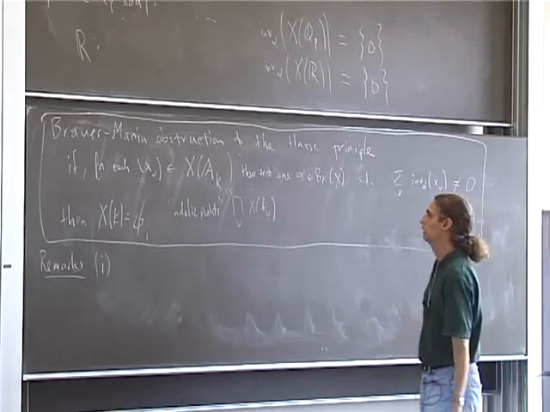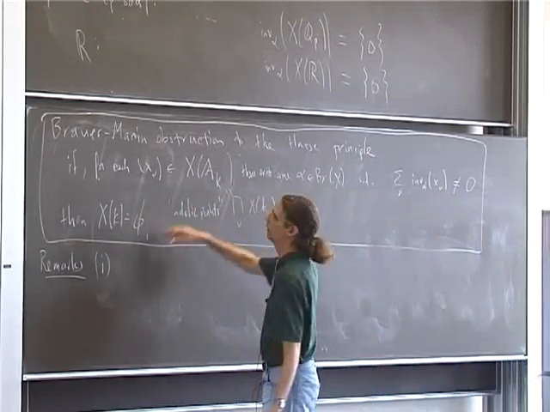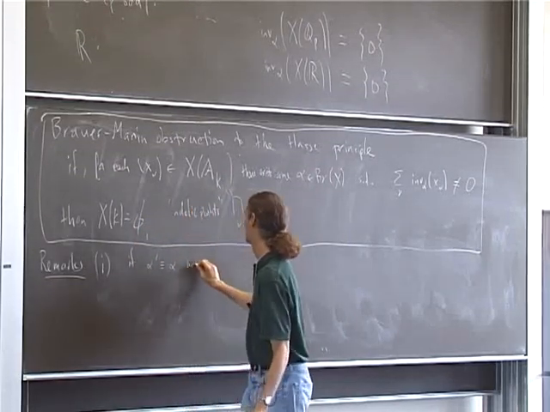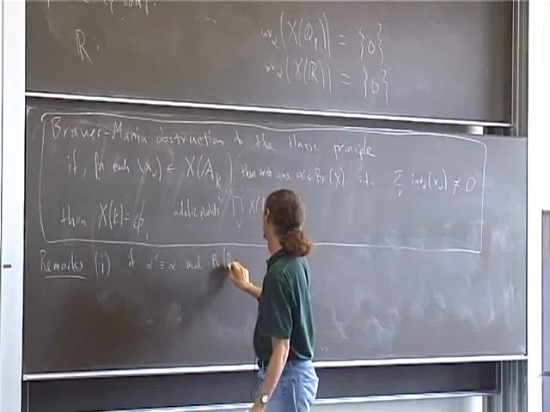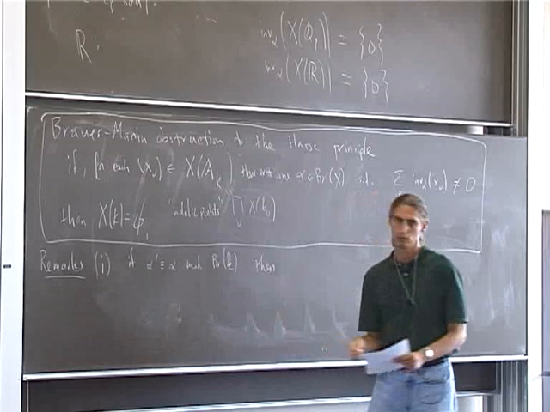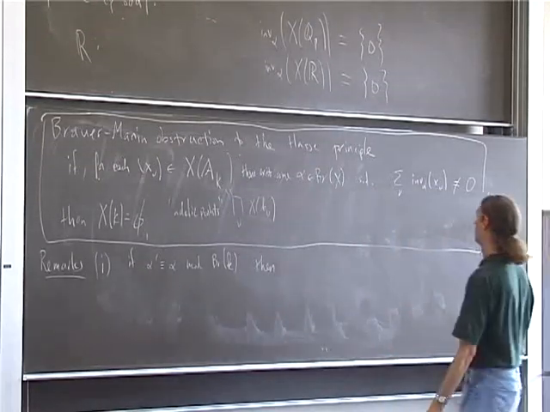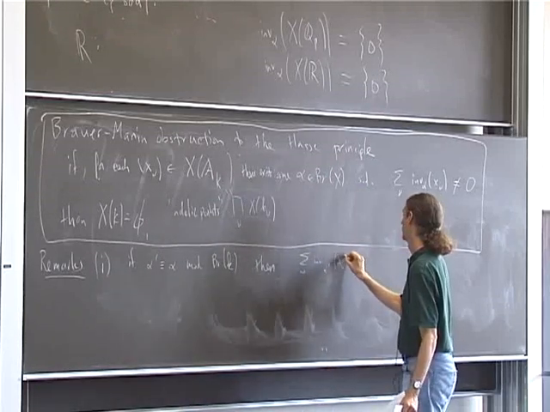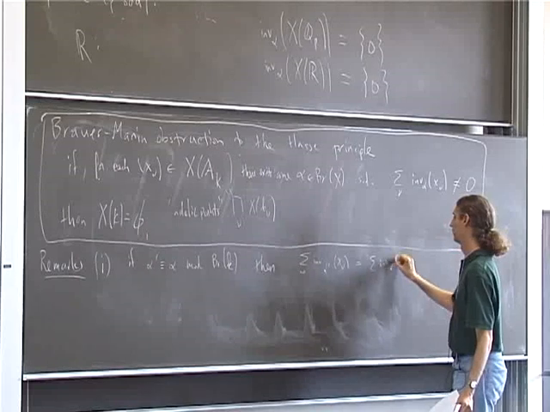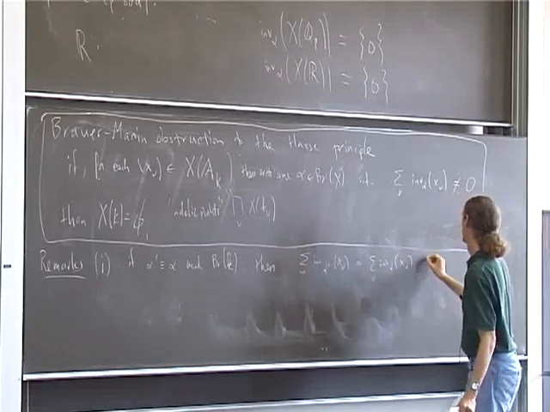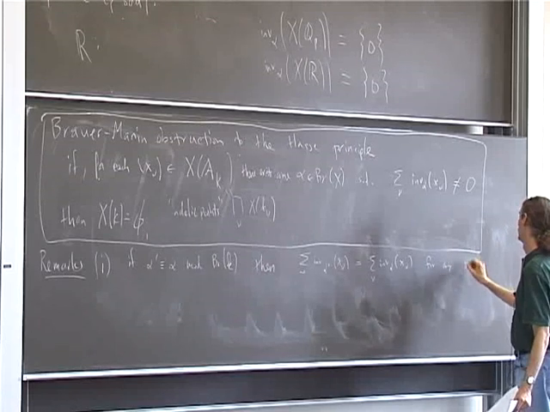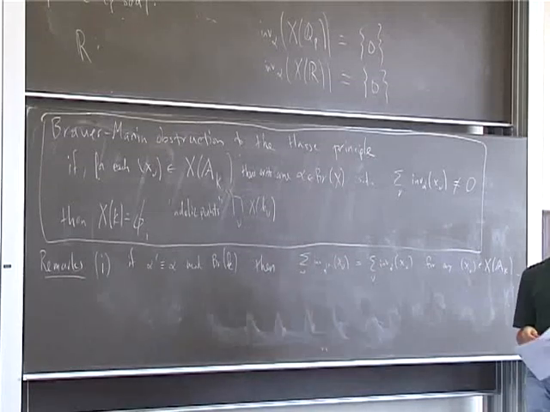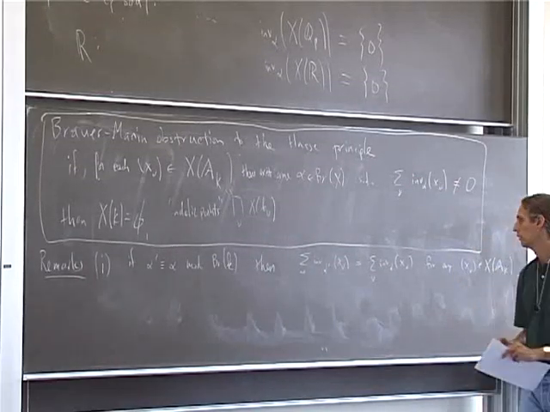The obvious remark is that if you change alpha by an element of Brauer K, then the sum of local invariants is the same. You just see it by the exact sequence.